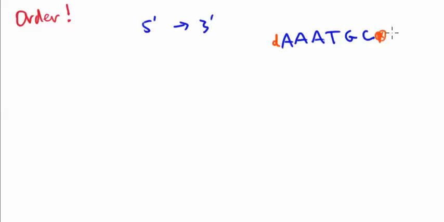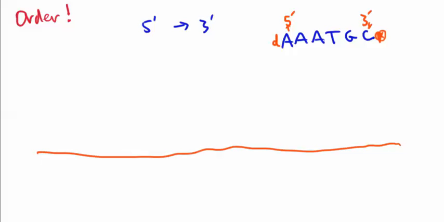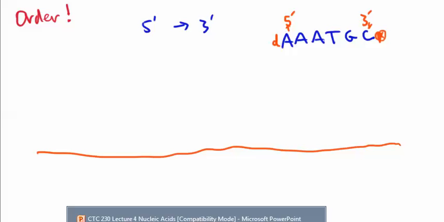Okay, so this is what we call 5 prime to 3 prime. So this is assuming that the A is on the 5 prime and the C is on the 3 prime. So in this DNA chain, remember this was a sugar, phosphate, sugar, phosphate, sugar, phosphate, sugar, phosphate. I'm just going to draw that line to represent the sugar phosphate backbone. That's what that means.